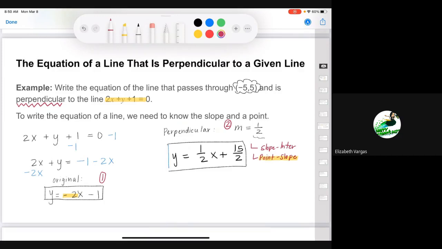And so putting it in point-slope form, we need to identify our slope, which we already did, and we need to have access to the coordinates of 1 point, which was this one right here. And so we plugged that in, then we simplified, and then we arrived at our resulting equation for our perpendicular line. Okay?